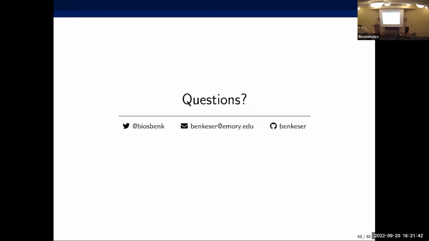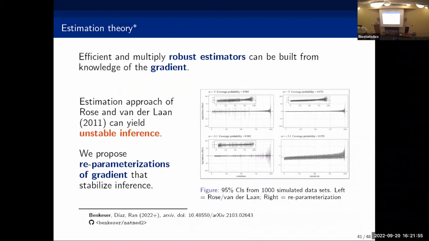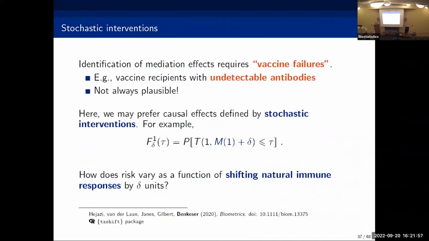Ahead. Yeah, I've got a question about the mediation analysis slide, where you look at vaccine efficacy partly as a function of how much we've moved from your natural immune response. I guess that connects to neutralizing antibodies predicting quite well how vaccine efficacy will perform.